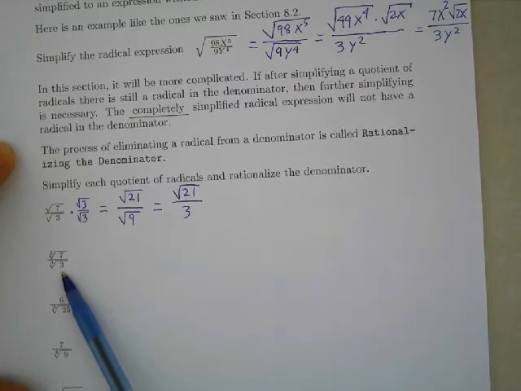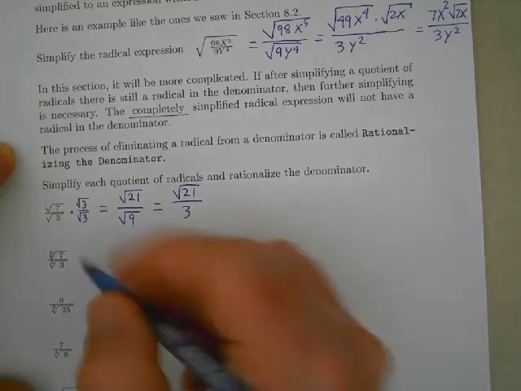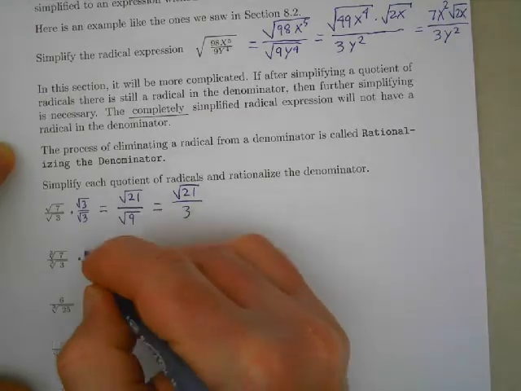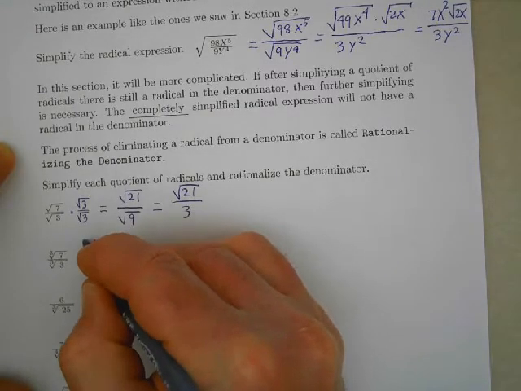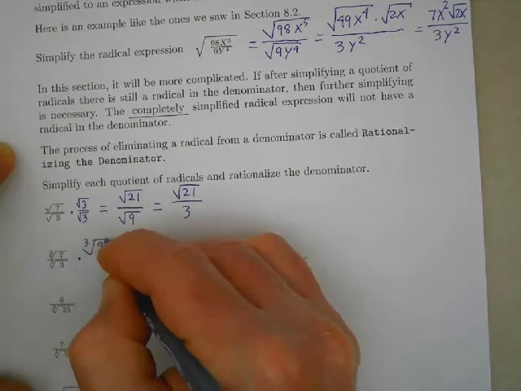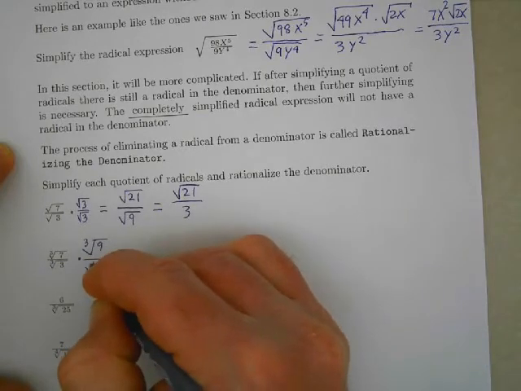We ask, what would I have to multiply 3 by to get a perfect cube? Well, if I multiply 3 times 9, I get 27, and 27 is a perfect cube. So that tells us that we need to multiply by 1 in the form the cube root of 9 divided by the cube root of 9.